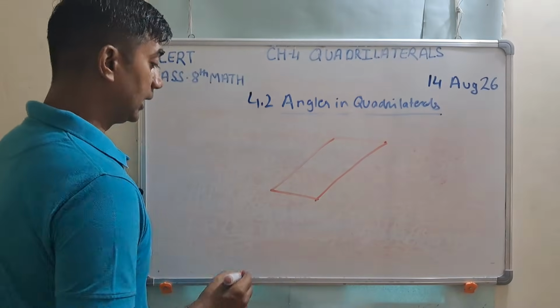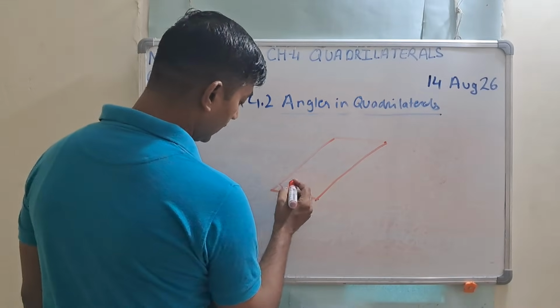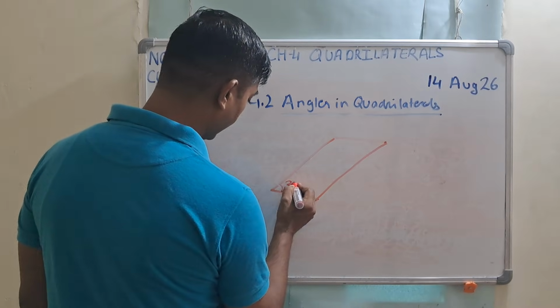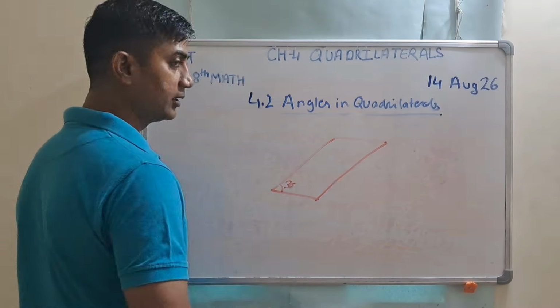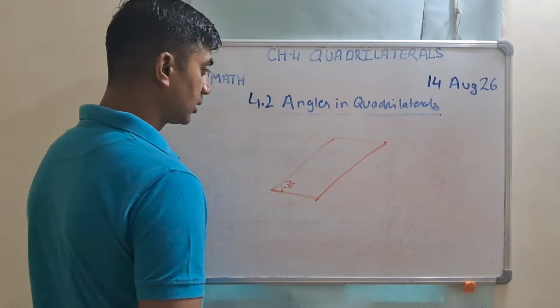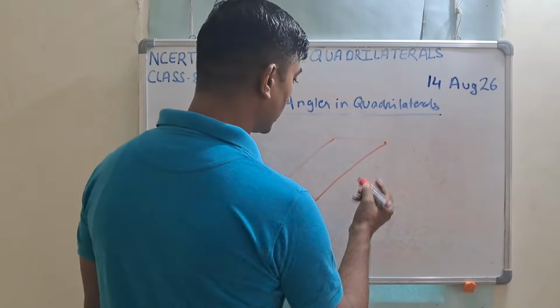If you are given one angle, say this is 30 degrees, and you have to find out the other angles, how will we find out? We have seen opposite angles are equal.